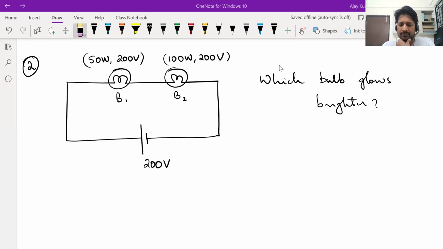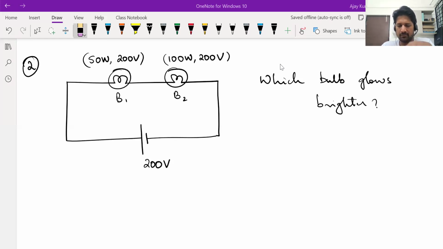Any other idea, anyone? Okay, first of all, tell me, will both the bulbs glow safely or not? You look at their rated voltages, you look at the supplied voltage.